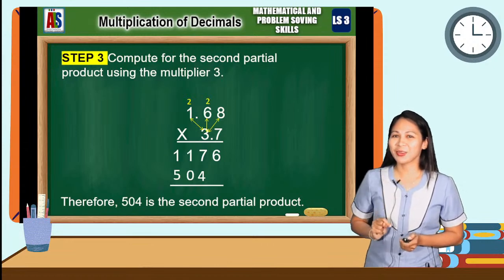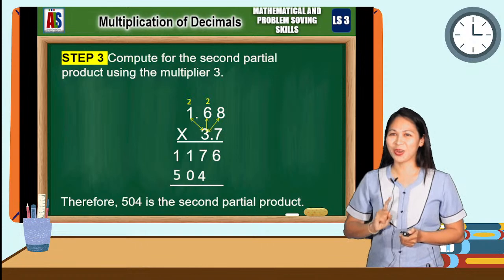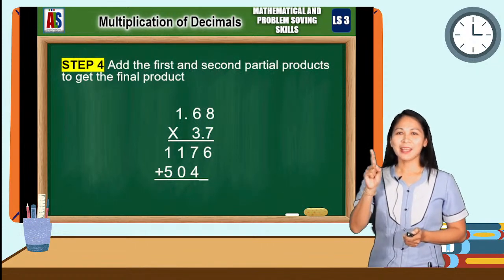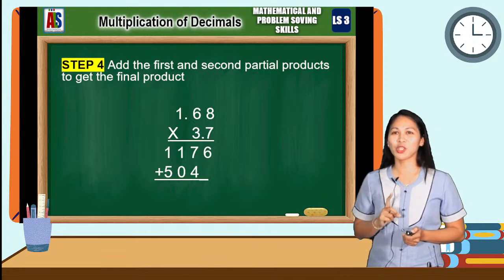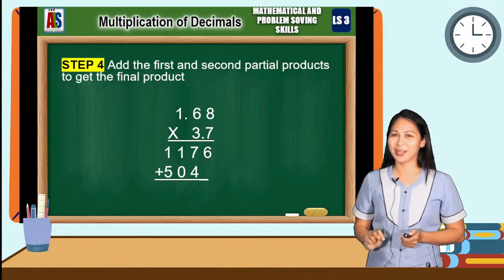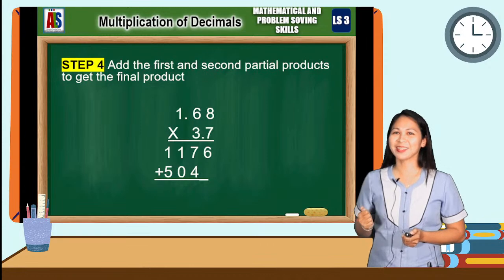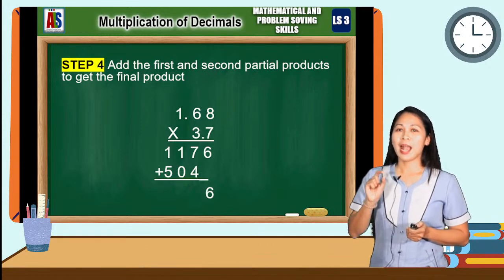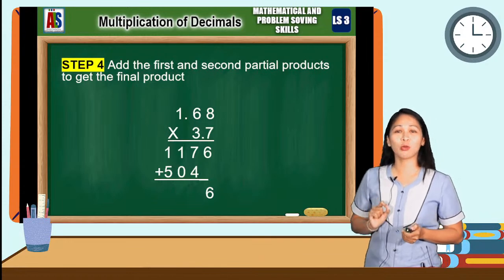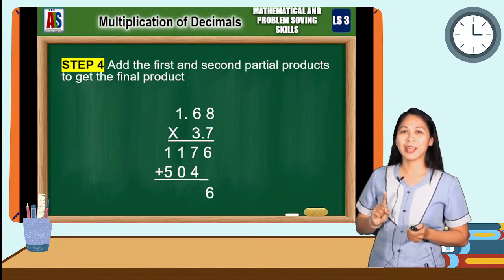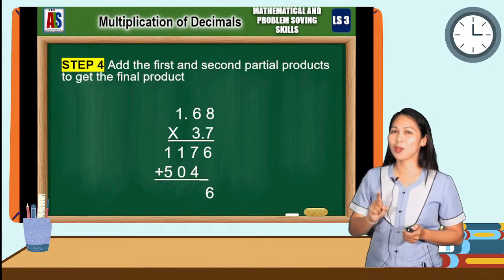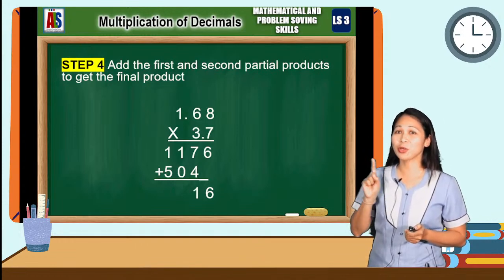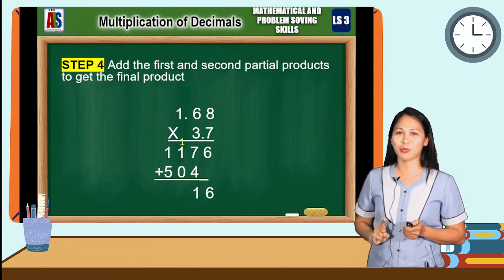Did you get the correct answer? That's great! Now, step 4. Add the first and second partial products to get the final product. Let's start. Bring down 6 in the same column. Add 7 plus 4 is equal to 11. Write 1 below the column of 7 and 4 and regroup 1 in the 100 place of the first partial product.